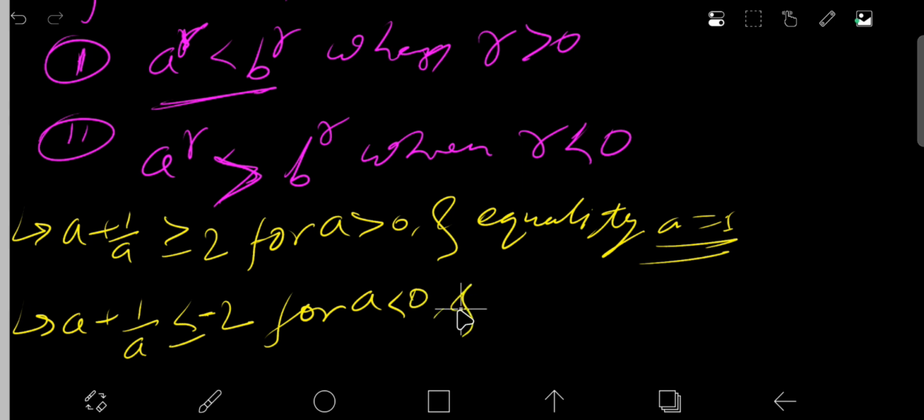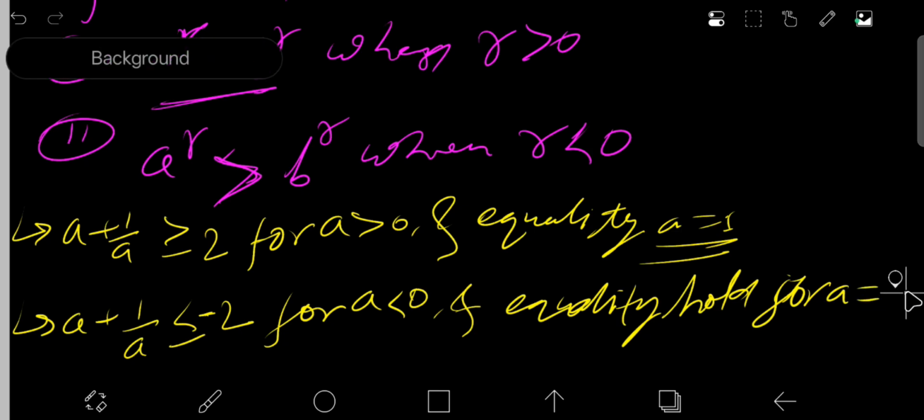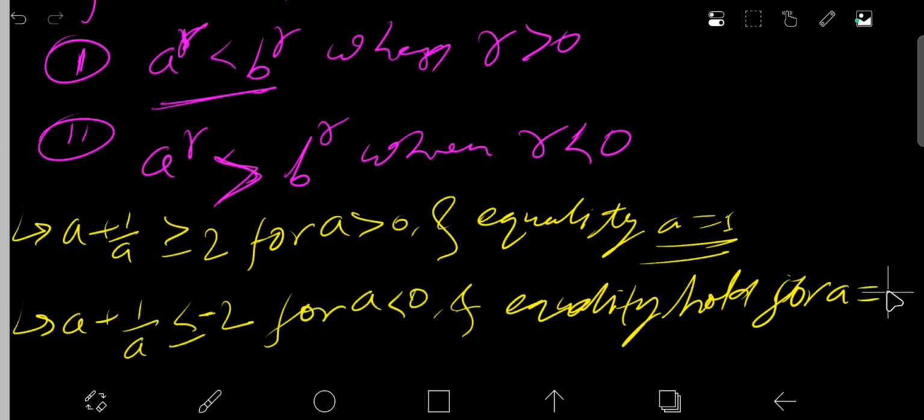This inequality becomes an equality when we take a equal to minus 1. When we take a equal to minus 1, then the equality holds, minus 2. Yes, this one is true.